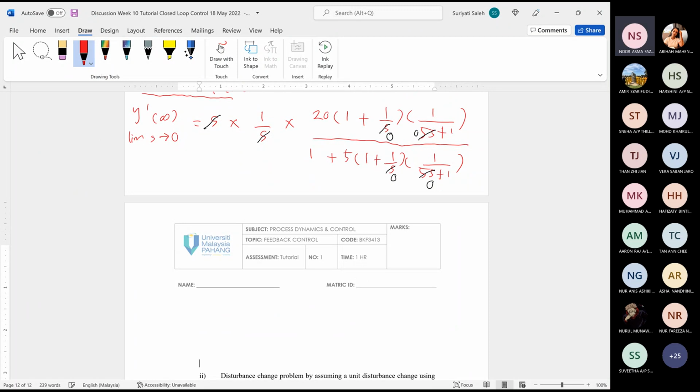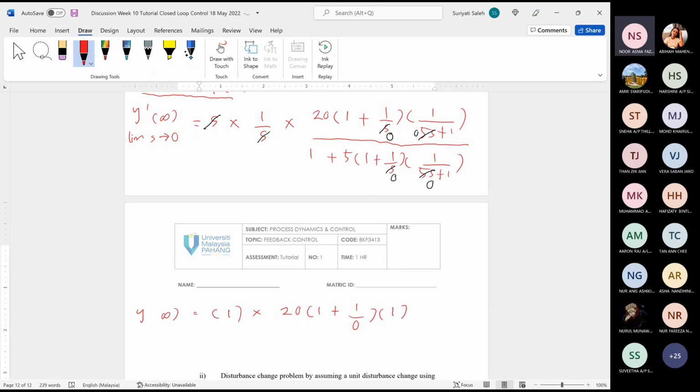Y prime infinity. So 1 over s, and s has been eliminated, so it becomes 1. Multiply with the 20. 1 plus 1 over 0. And then for 1 over 5s plus 1, it becomes 1.